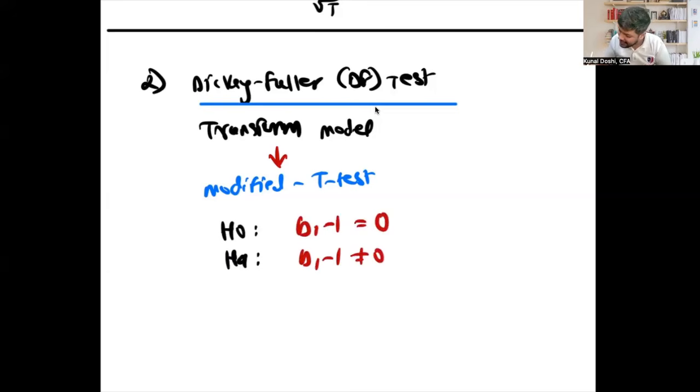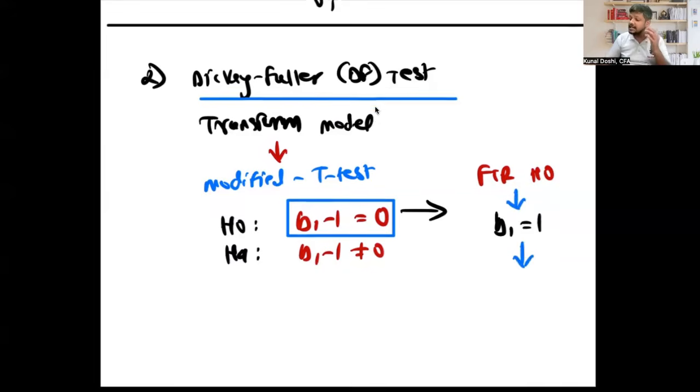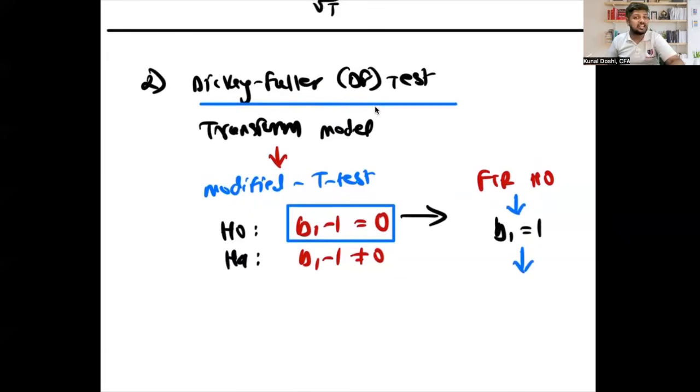But here, if I get this, my conclusion is fail to reject the null. If this is the case, that means b1 is equal to 1, and that is the problem. That means it is non-covariance stationary, or I can say that the model has a unit root problem.